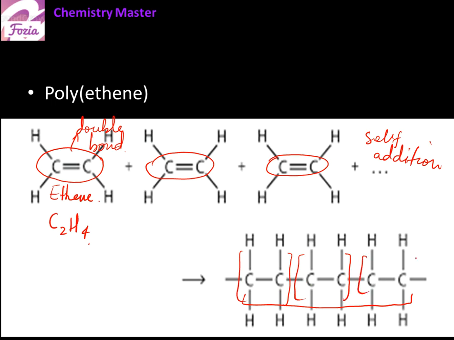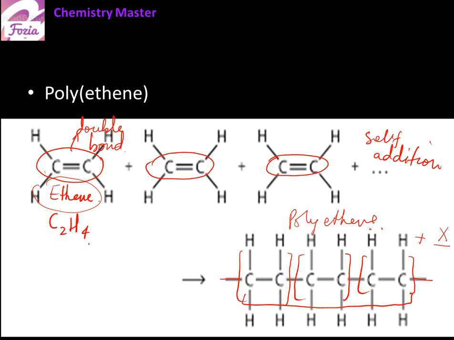So we are applying the same definition, and the longer chain is called the polymer, and nothing is removed. We get no byproduct. So all of the atoms of the reactants are found in the molecule of the product. None of the atoms is coming out. So this is called self-addition. So the monomer is ethene and the polymer is, yes, we call it polyethylene.